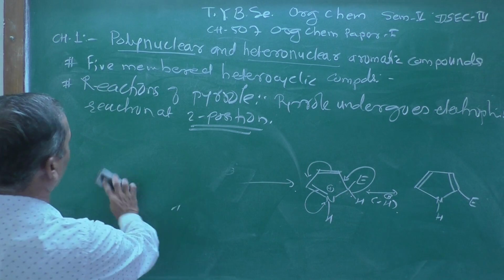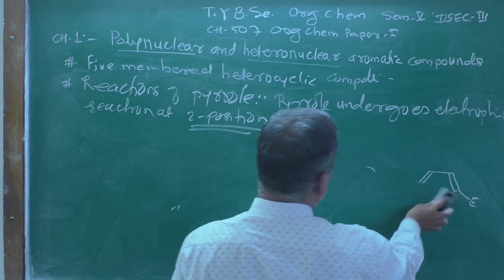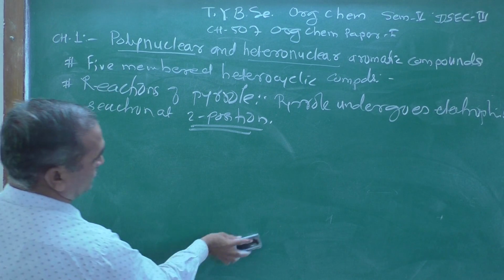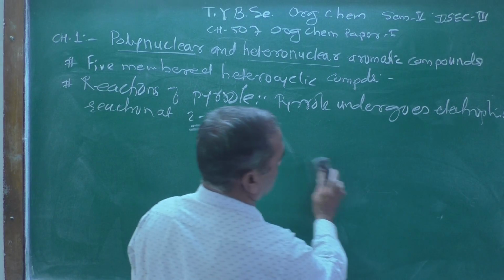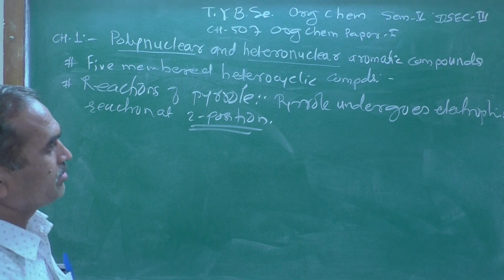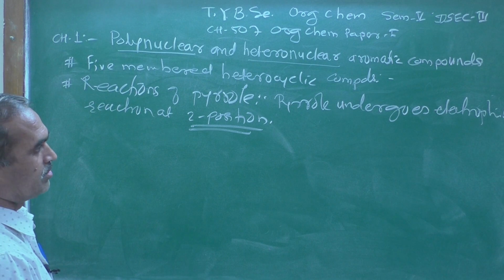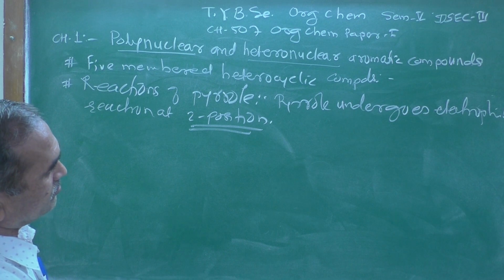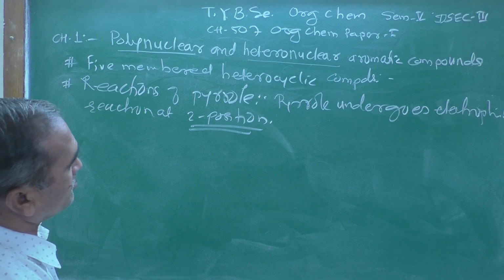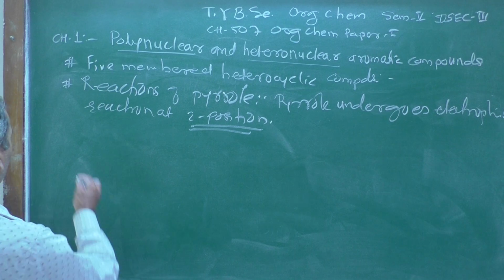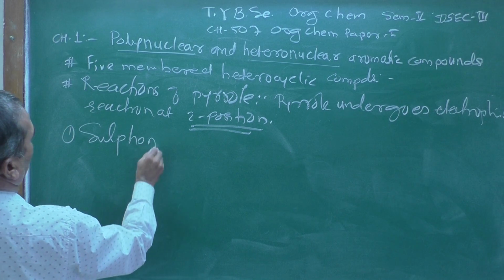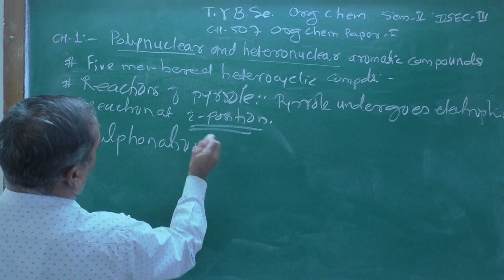You got the answer why pyrrole undergoes electrophilic substitution at 2 position. The answer is hidden, and it reveals itself to those who know the concept of resonating structures. Now let us see the first reaction, which is sulfonation.